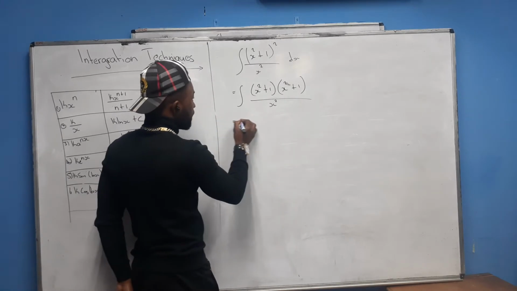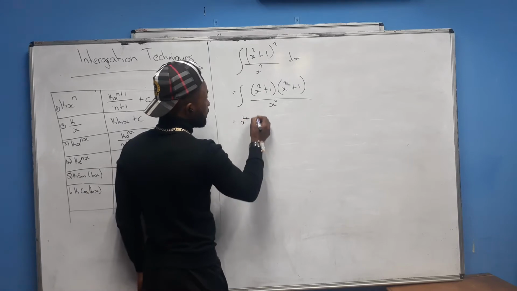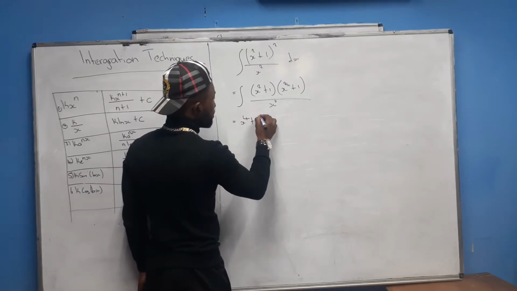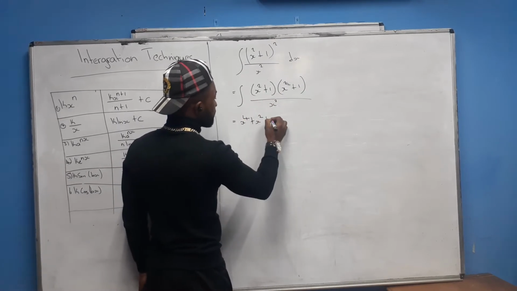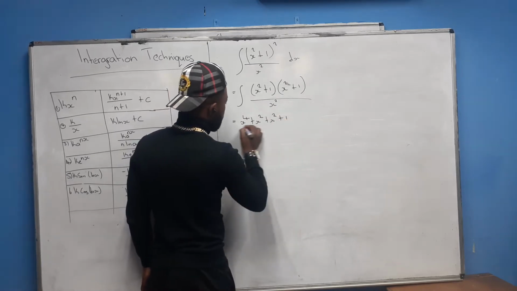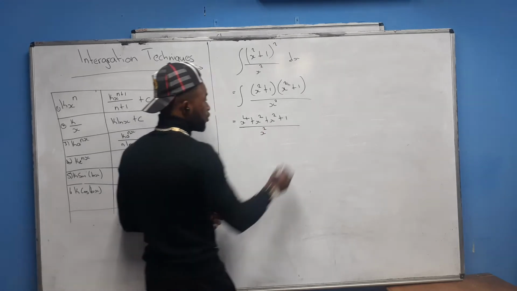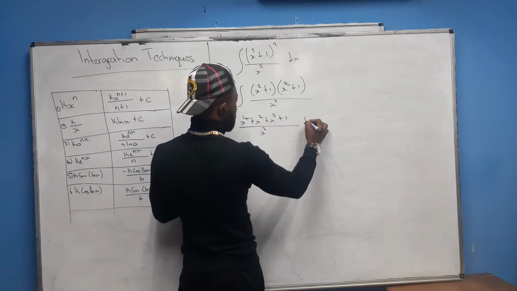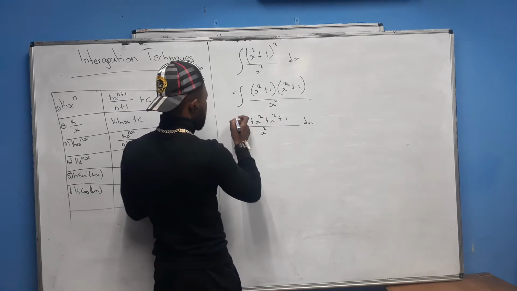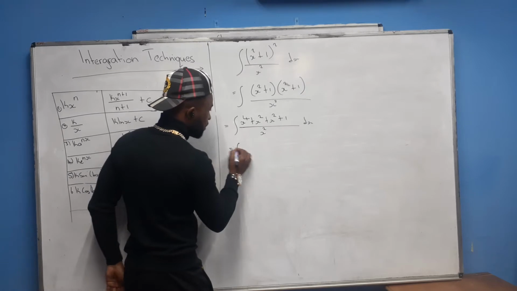Then I can multiply this. When I multiply this one by this one, it gives me x to the power 4, and then plus x to the power 2, this one and this one, plus x to the power 2, and when you multiply 1 by 1, it gives you 1 divided by x to the power 2, and remember it also has dx. I haven't integrated yet, so I have to show this, and then I can simplify this way.